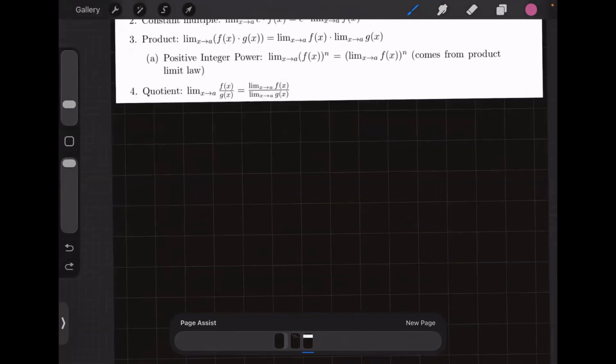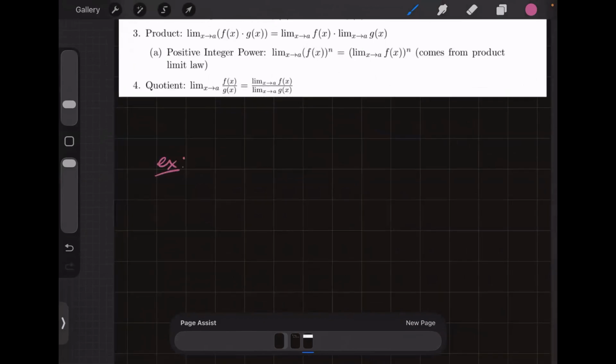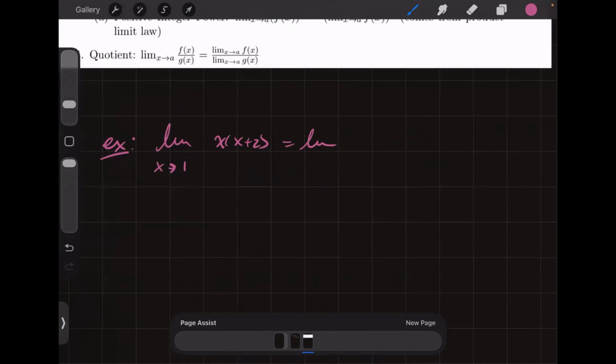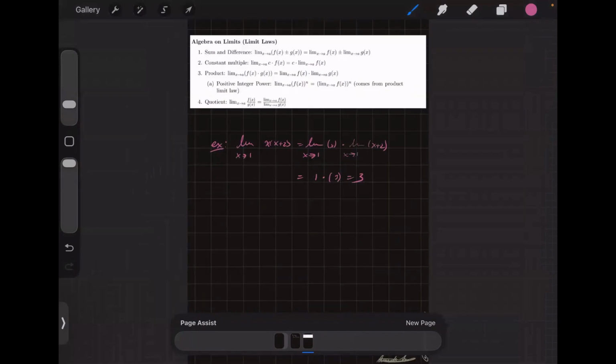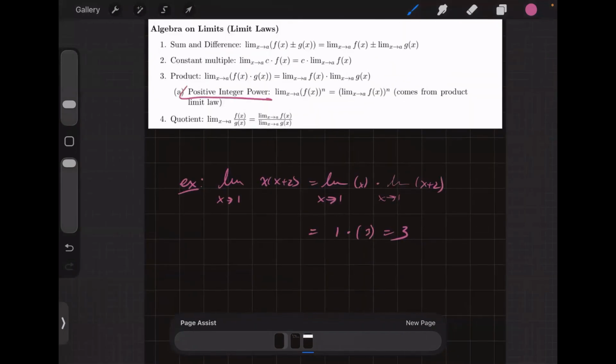So for example, the limit as x approaches 1 of x times x plus 2 is the same as the limit as x approaches 1 of x times the limit as x approaches 1 of x plus 2. Not plus, I'm so sorry, times. Which is going to equal 1 times 1 plus 2, which is 3. It's reasonable, I think.